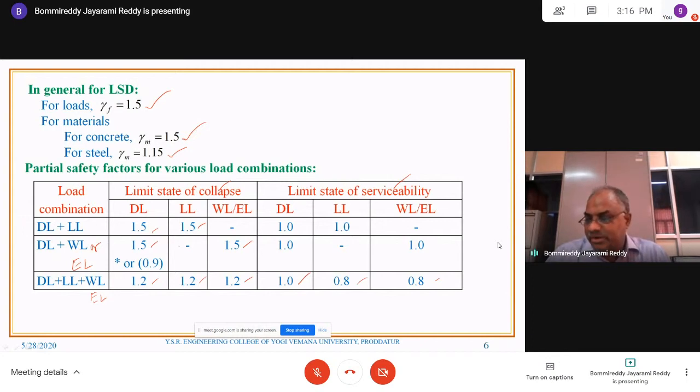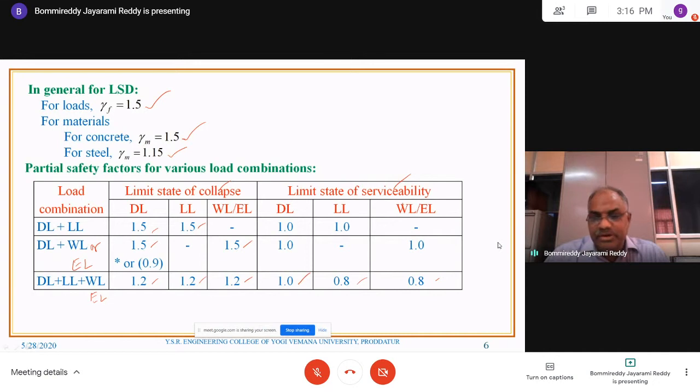So once again, I am telling you, in the case of limit state of collapse, the loads are multiplied by 1.5 in general. In the very exceptional case where the reversal of stresses takes place, dead load is multiplied by 0.9. When a combination of all 3 loads occurs, then it will be reduced to 1.2. All are multiplied by 1.2 only.